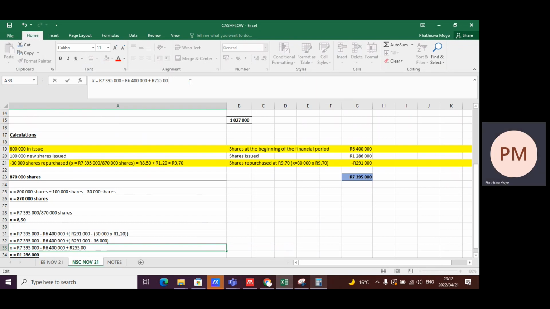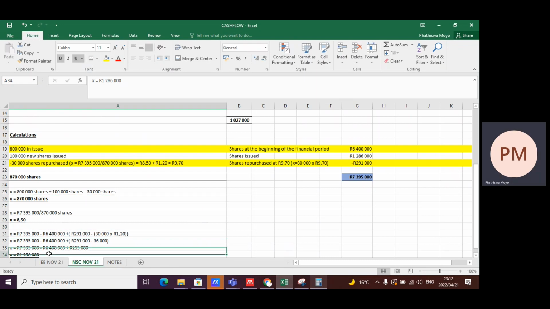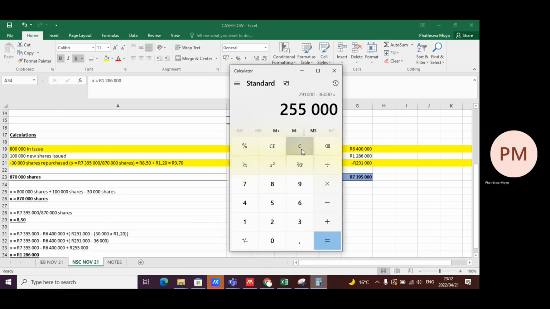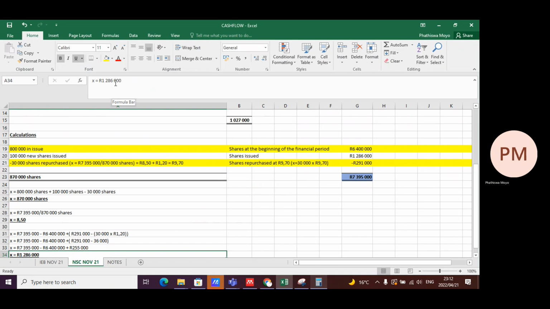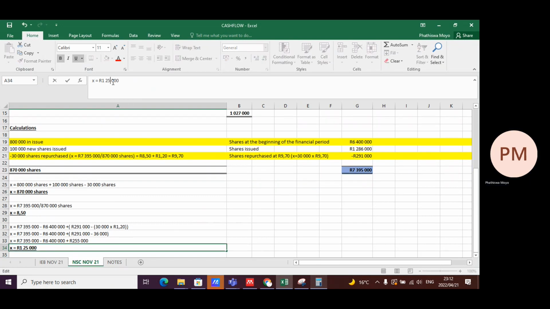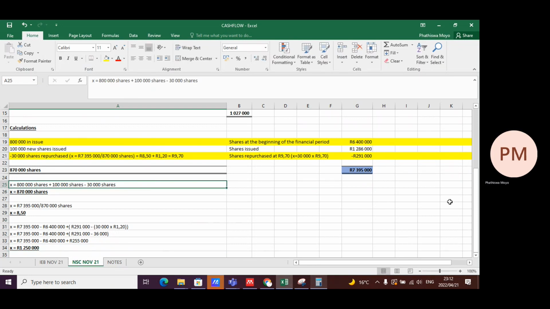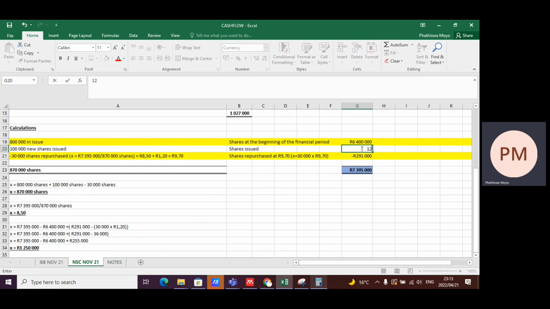So 7395 and 6.4 plus 255. There you go. So the shares issued is 12.